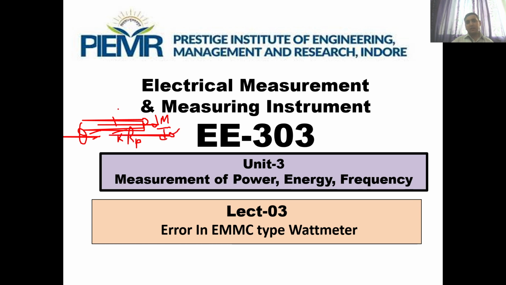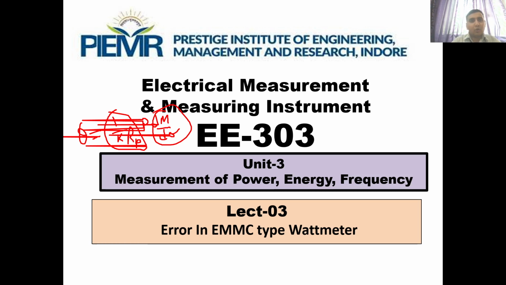We will assume that 1 upon k, Rp and dM by d theta are constant values. If we assume it to be a constant, then the deflection of an EMC type wattmeter is directly proportional to true power.